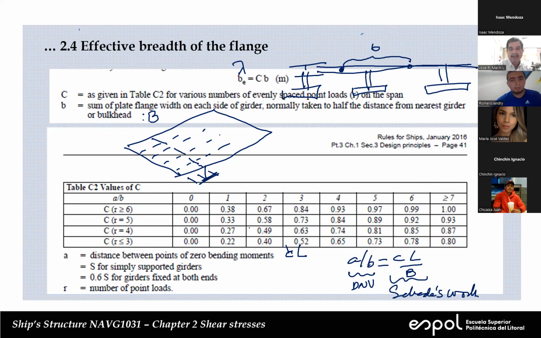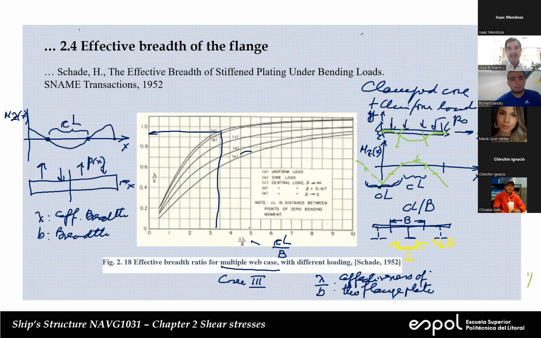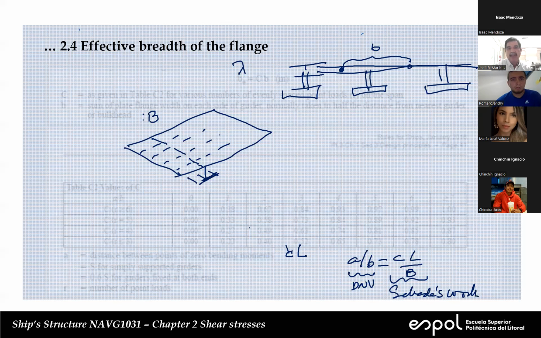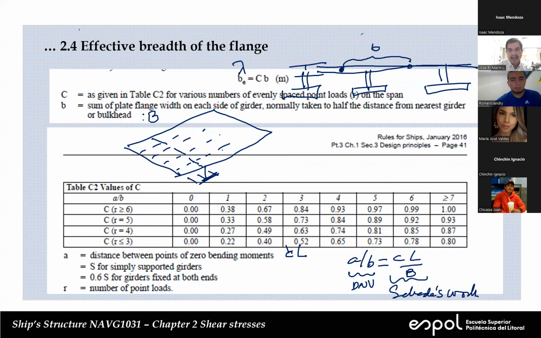So if you want to compare this with this, what you can do is take this line, because for this case we have a very large number of stiffeners, 6 or larger, and let's take each one of these values.